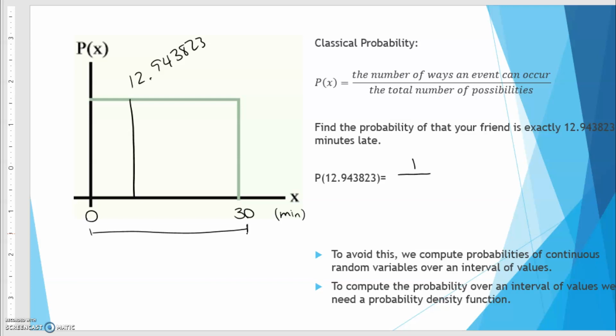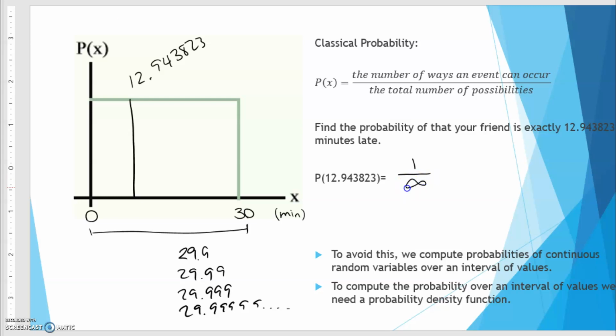The answer is not 30, because you could have 29.9 minutes, or 29.99 minutes, or 29.999 minutes, or 29.99999. I can keep on going forever. Remember, this is a measure of a duration of time. Therefore, this is a continuous random variable, so that would be infinitely many.